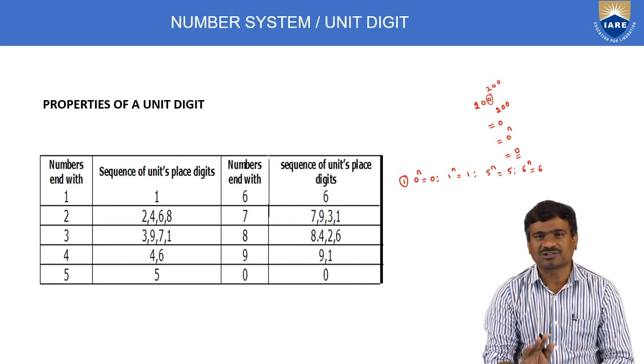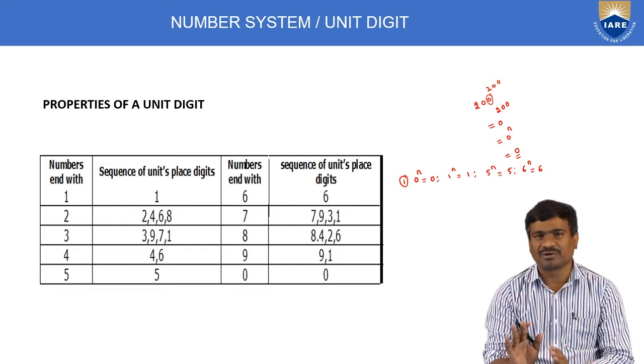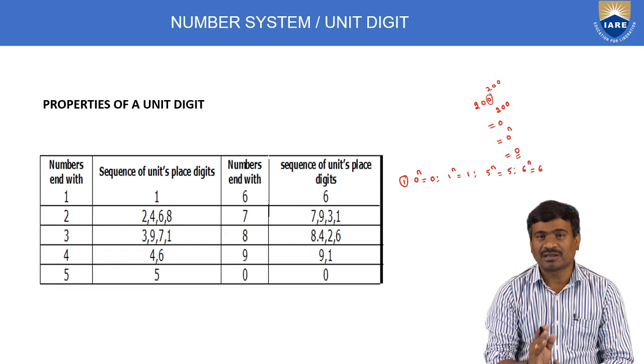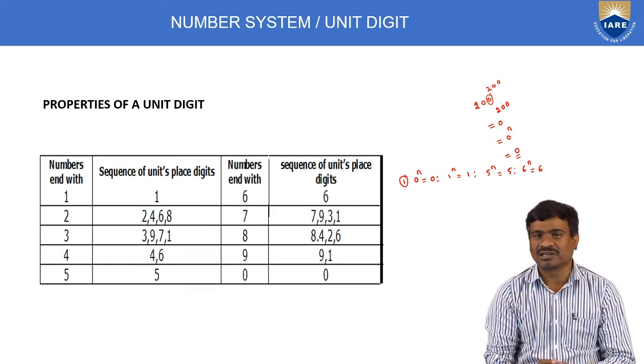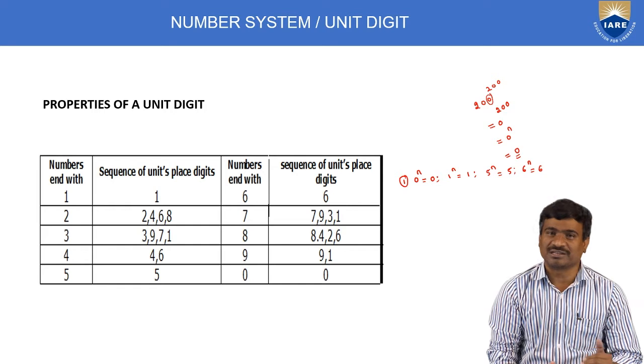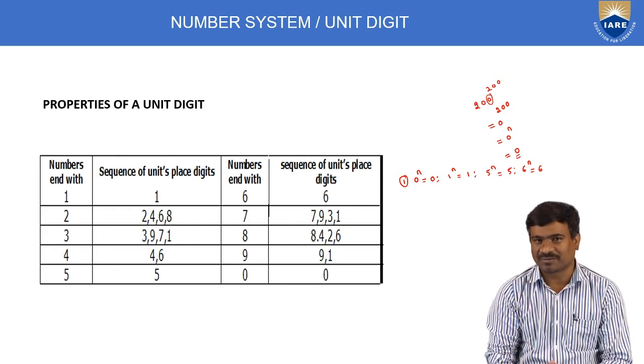These types of questions give the same number as the unit digit answer. But n must be a positive integer. Negative does not exist; if you apply a negative power, only a decimal value exists. But here we calculate only the unit digit, so n must be a positive integer.